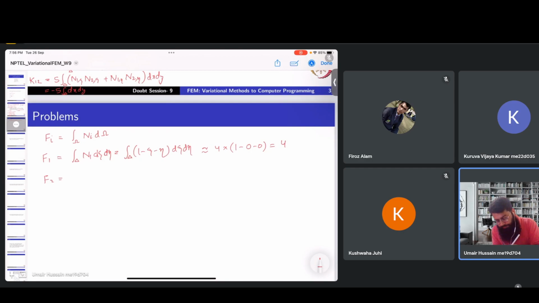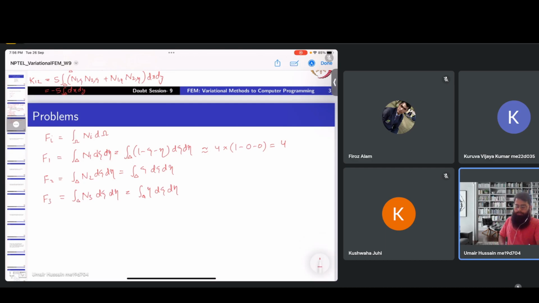Then F2 is, and F3 would be, okay. So these would be the 3 components for the force vector.